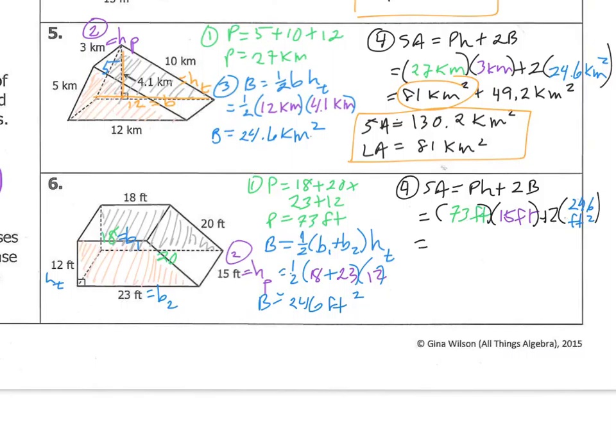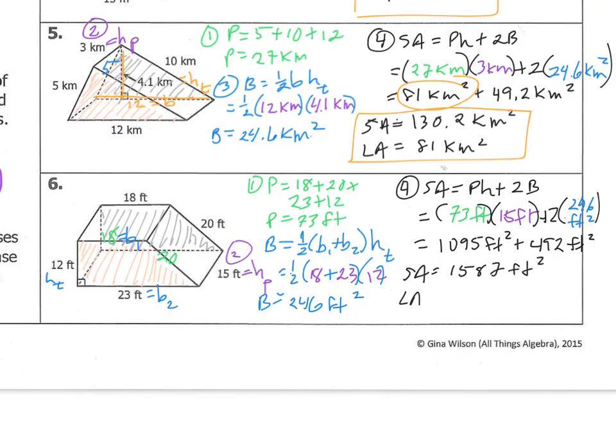Work them separately. 73 times 15. The big number, what is it? 1,095 feet squared. Plus 2 times 246, 492 feet squared. So our total surface area when you add those together is 1,587 feet squared.